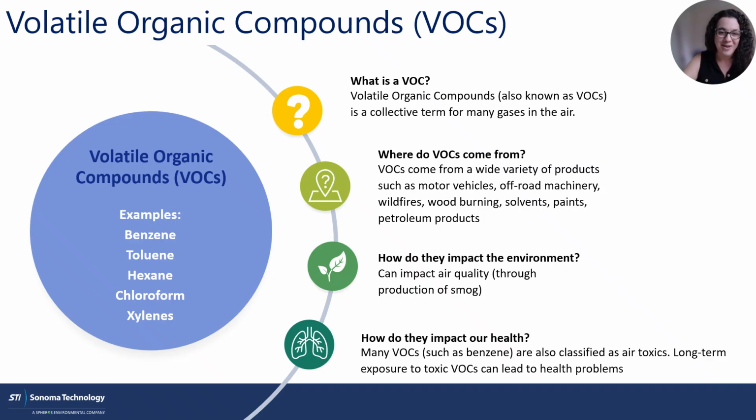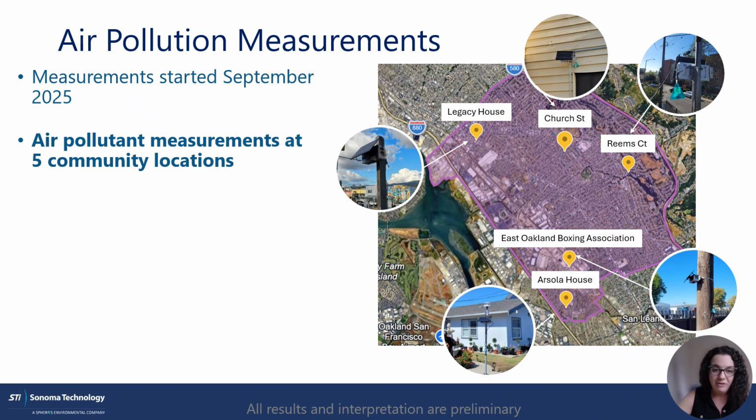So why am I even talking to all of you about this? Why do we care about Air Quality 101 today? Well, we've been working with the Life is Leaving a Legacy group, and we have set up air pollution measurements around East Oakland. The measurements started last September and they're still ongoing.